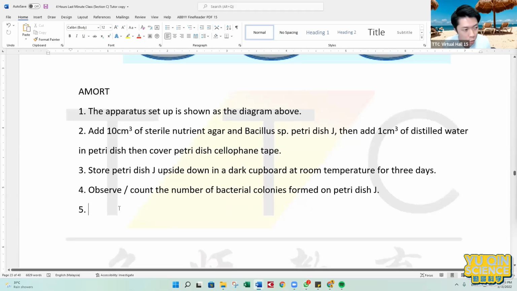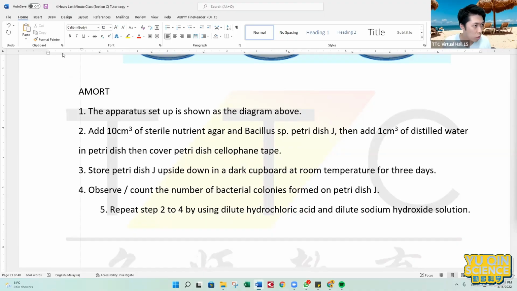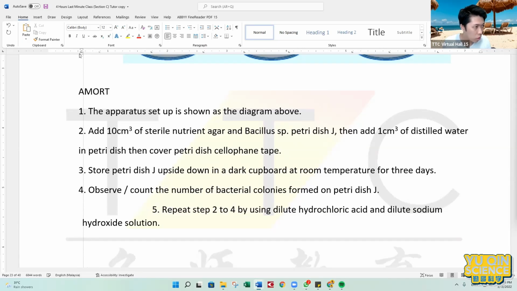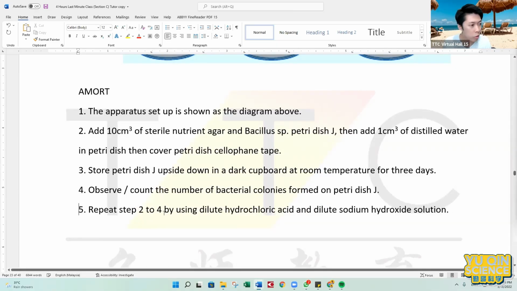Okay, so I will say repeat. Repeat steps 2 to 4, where we add the other 2 types, these 2 that I didn't add on. So I'll do it now.